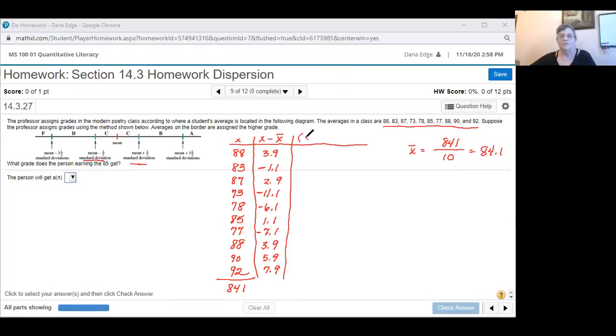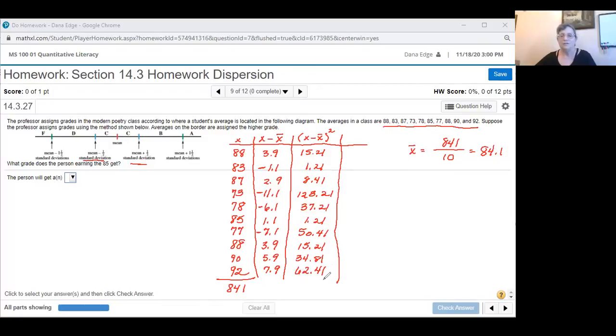Okay, now we have to square all these. So you better pause and get those figured out. Okay, so here are all of those numbers squared.